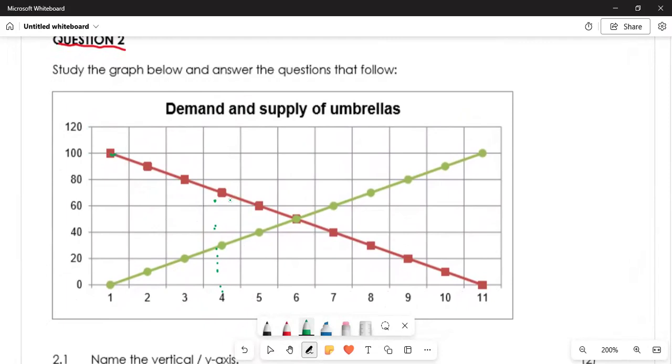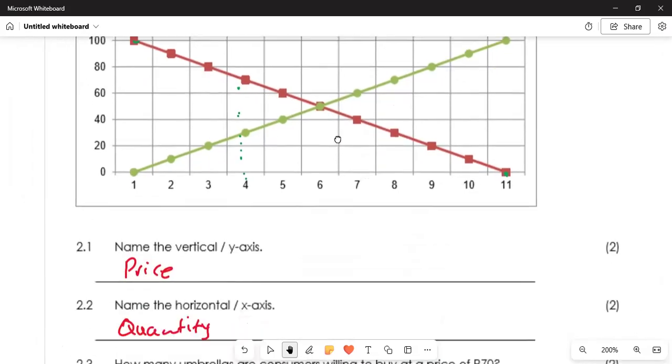At 100, as you can see, here we are at 11. So what it means is we are from here up to here. So that is 11 umbrellas.